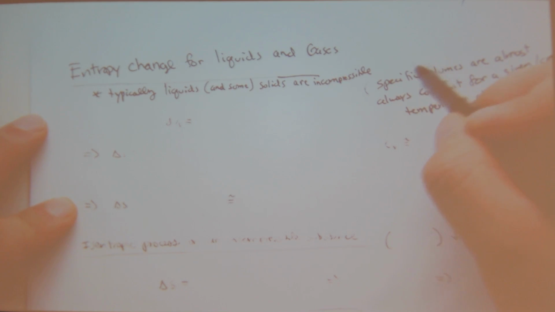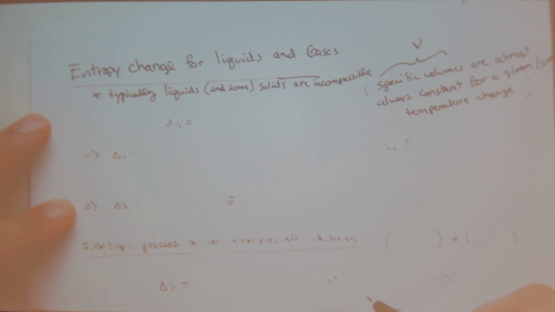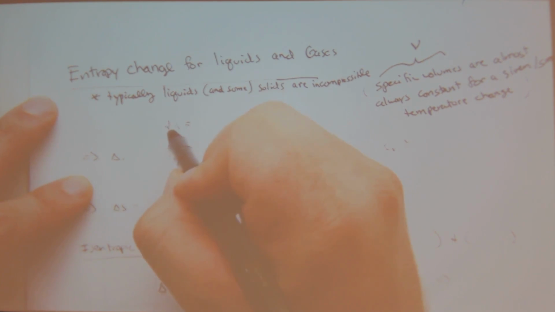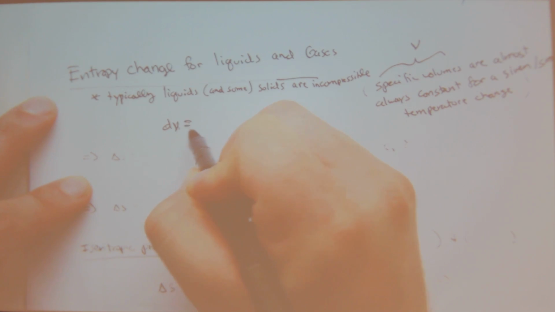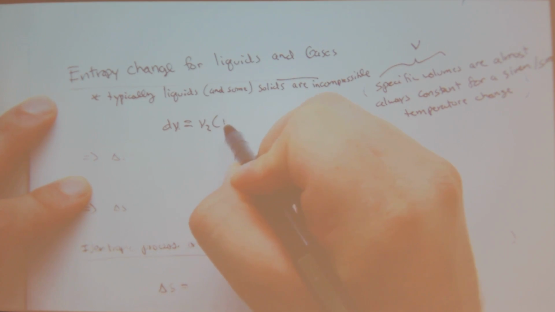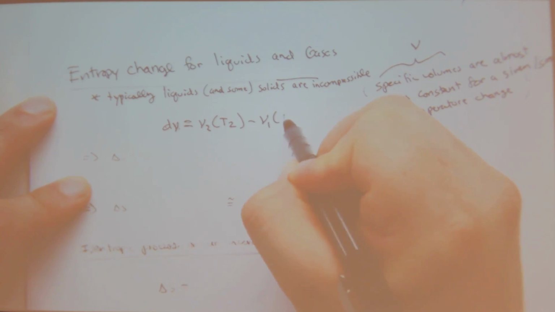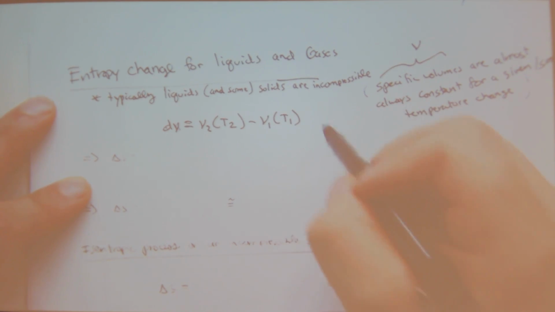So specific volume, that's my small v, okay? So my d small v is equal to V2 at T2 minus V1 at T1, which is approximately equal to 0.